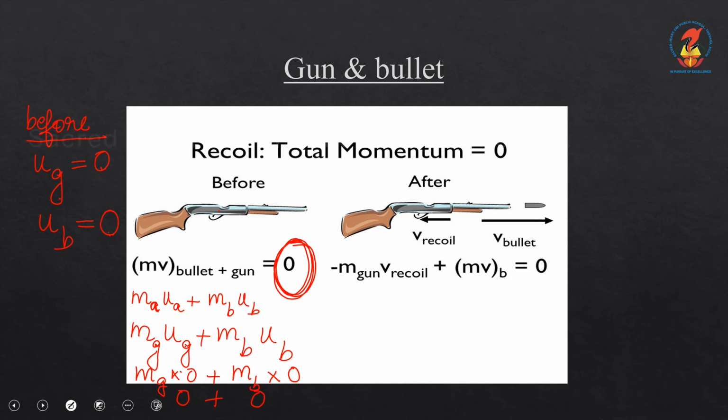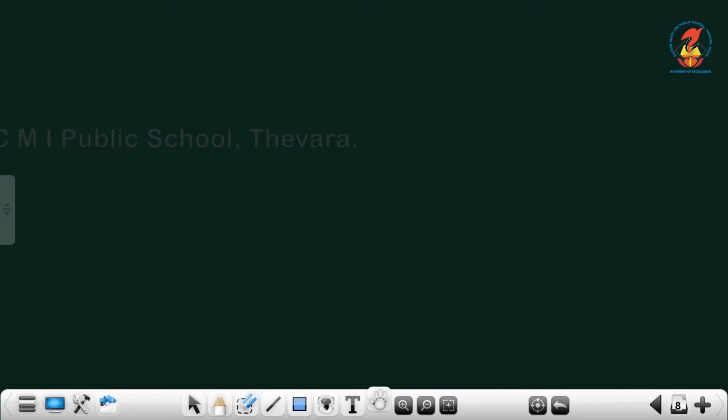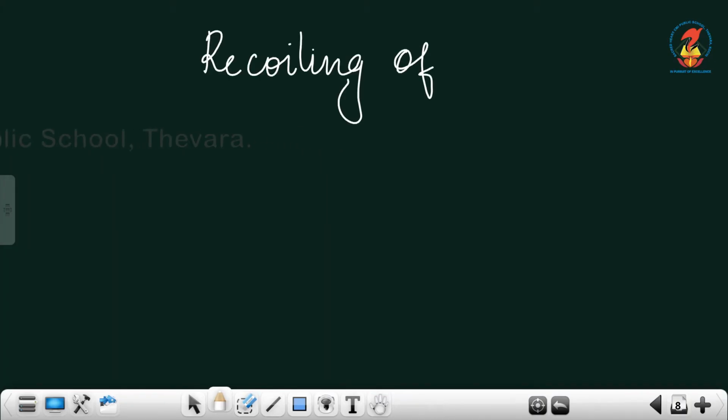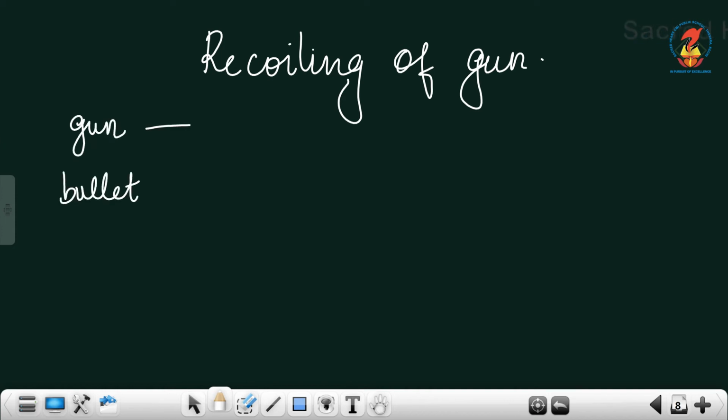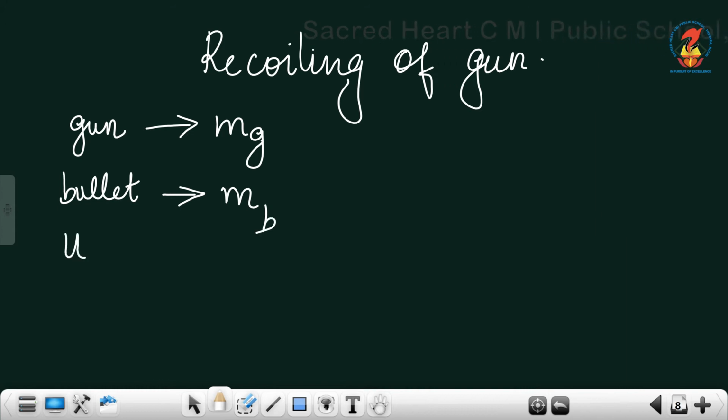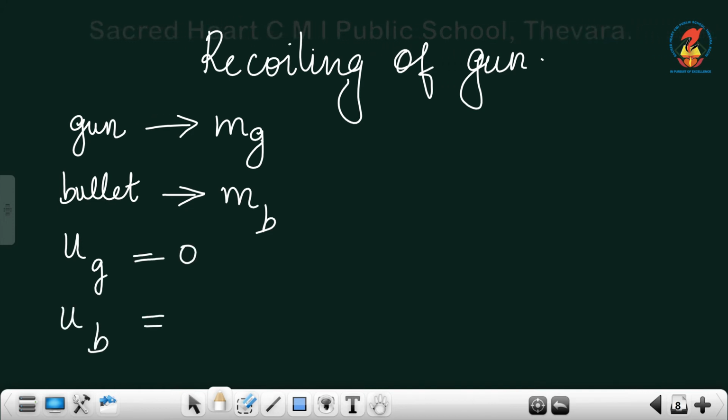Now let us see the total momentum after collision. The first case is the recoiling of the gun. In this case, we have two objects, a gun and a bullet. Let the mass of the gun be mg and the mass of the bullet be mb. Initially both were at rest, so their initial velocities are 0.